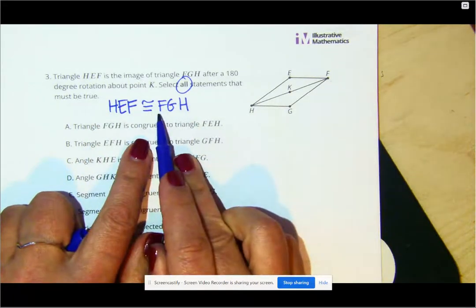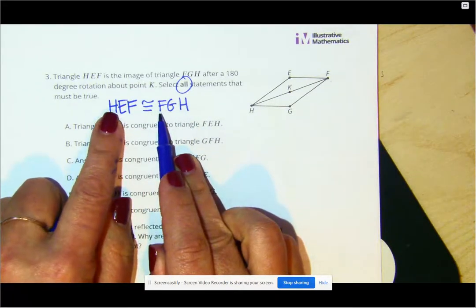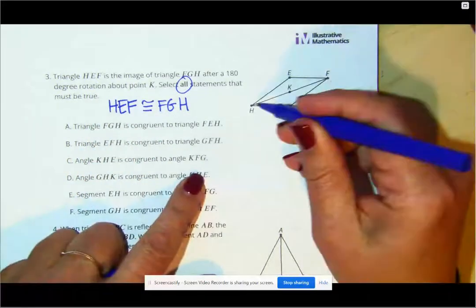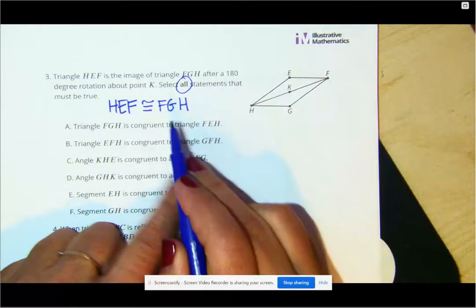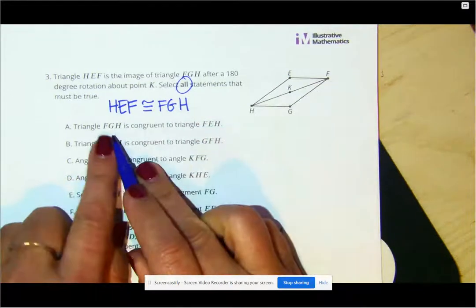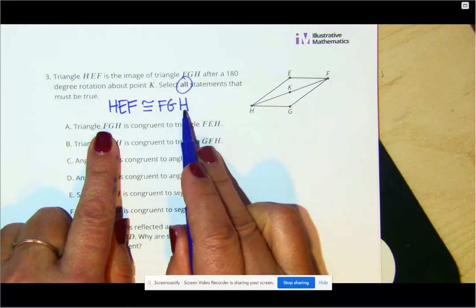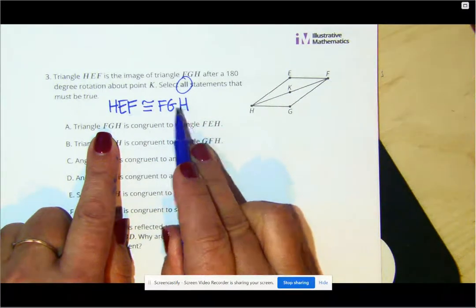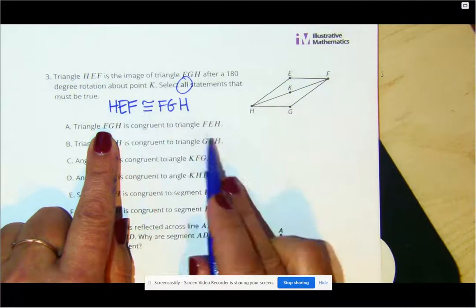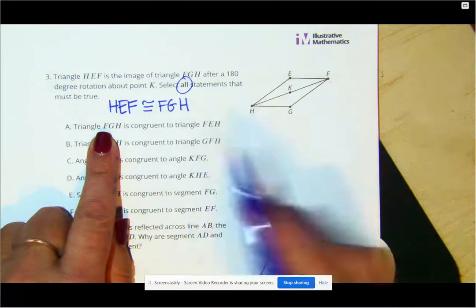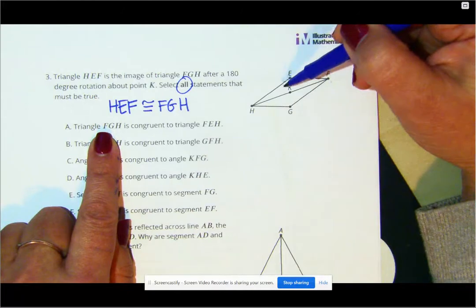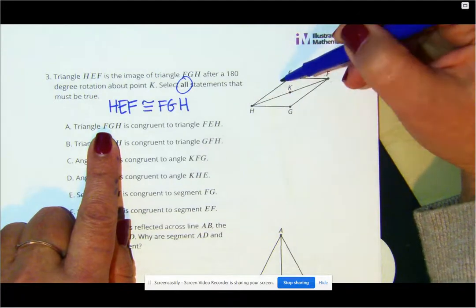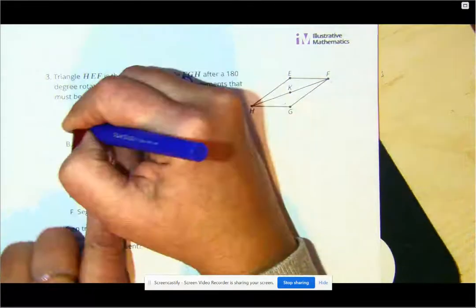F is supposed to be with H, right? F goes to H. The letters tell you everything. If they're going to say FGH, then I would have to go in the same order. I would have to say HEF. That's not the way they said it. And if you look closely, you can tell that this segment is not the same length as that segment. That one is not correct.